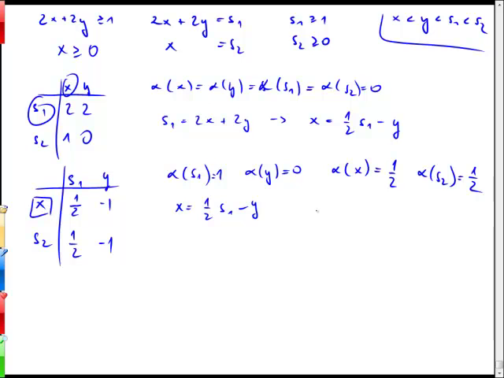And under the current solution, the value of x is 1/2, equals 1/2 times 1 minus 0. Actually, 1 times 0.